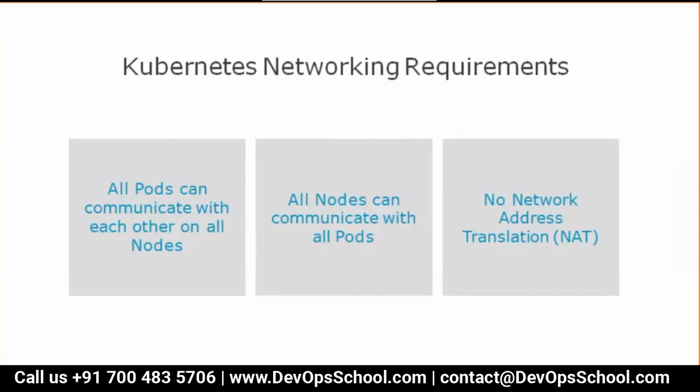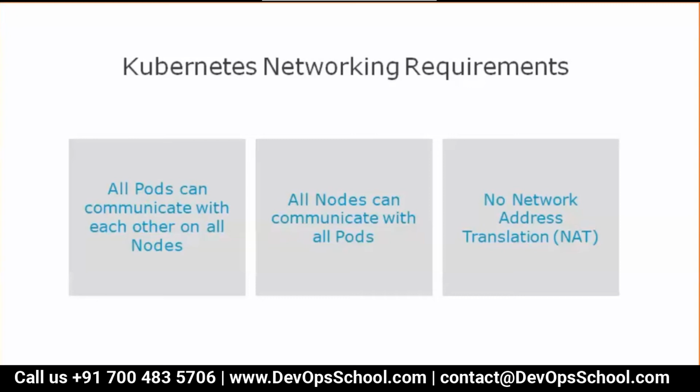So for that, Kubernetes has laid out some networking requirement, but not for the container, but for the pod. As part of this requirement, all pods, please read this. When I say all pods, that means the pods are not running in one machine, they may be running in multiple machines, multiple workers you may have.